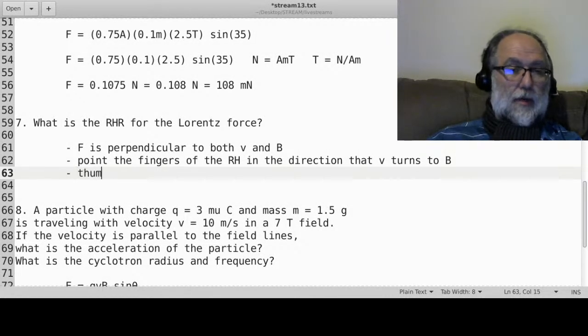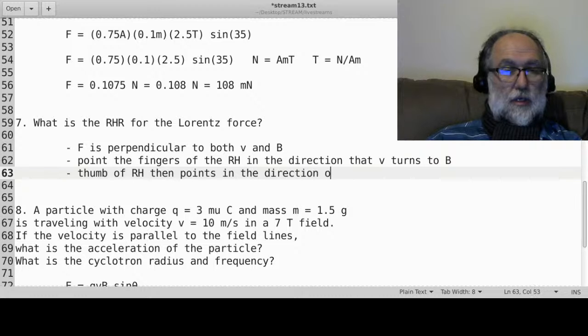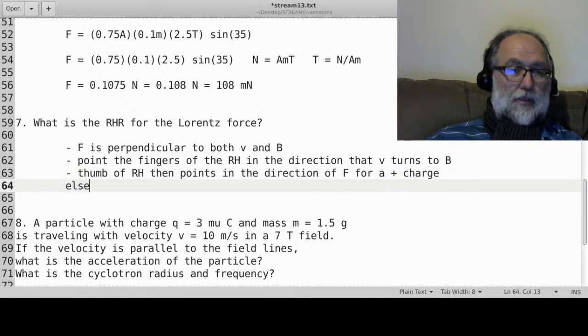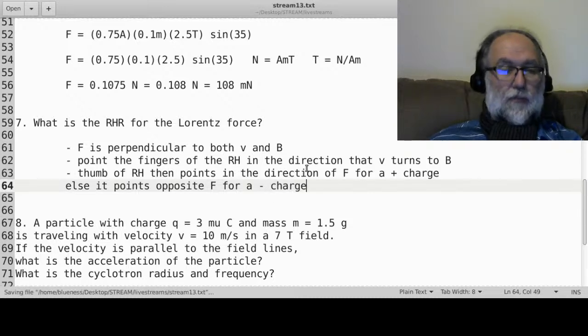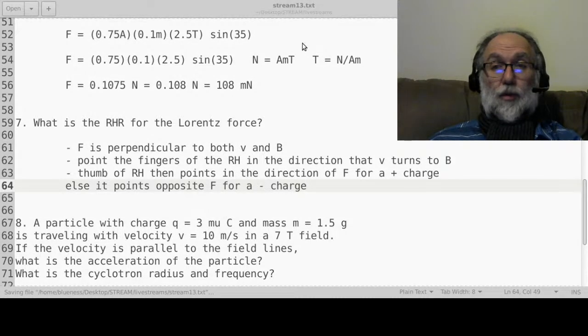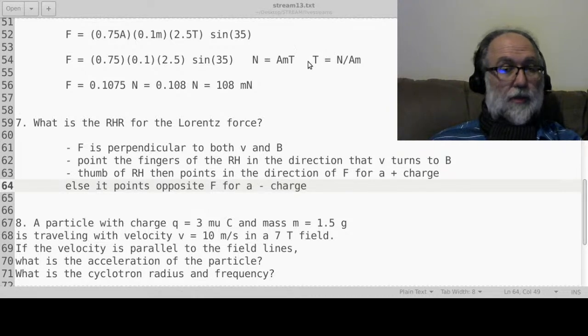And thumb of right hand then points in the direction of F for a positive charge, else it points opposite F for a negative charge, okay? So there you go. There's the right-hand rule applied to the Lorentz force.